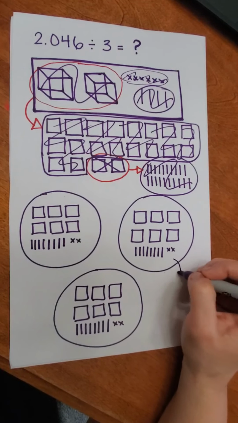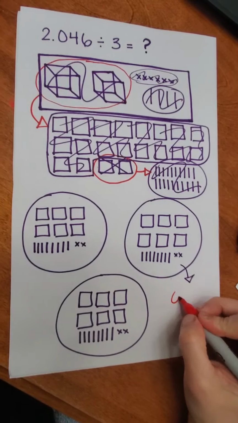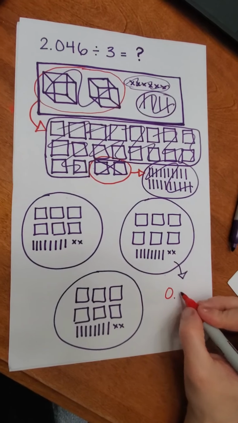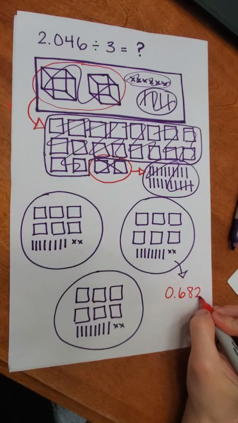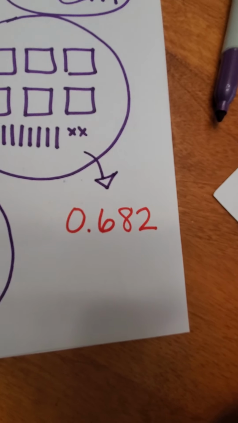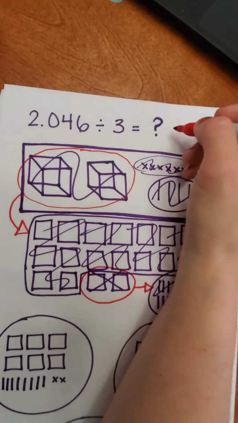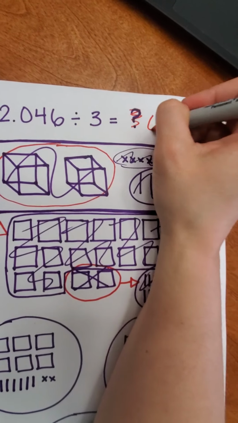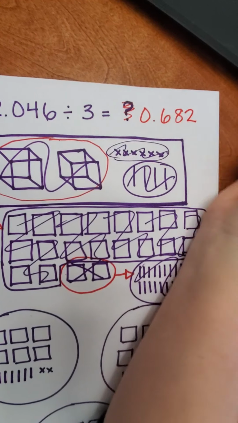So what is going to be represented here is going to be 0 and 682 thousandths. So that is your answer for the last question. It's going to be 682 thousandths.